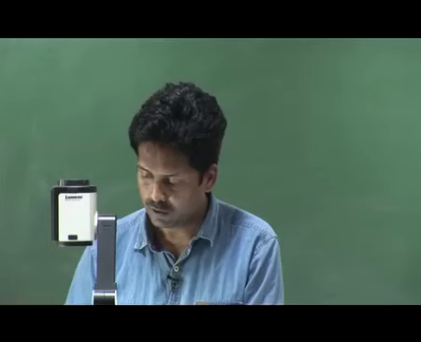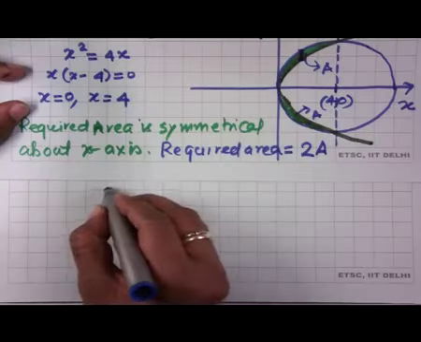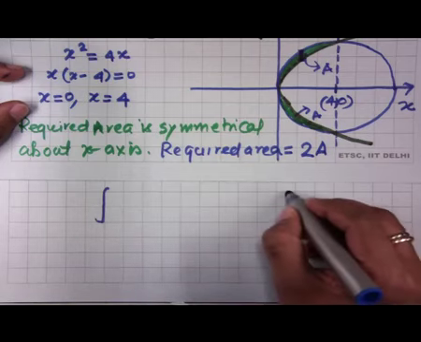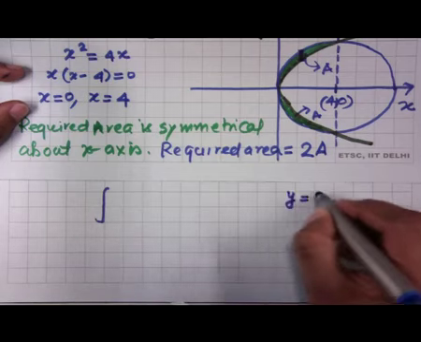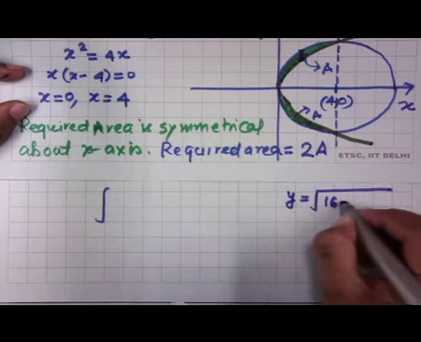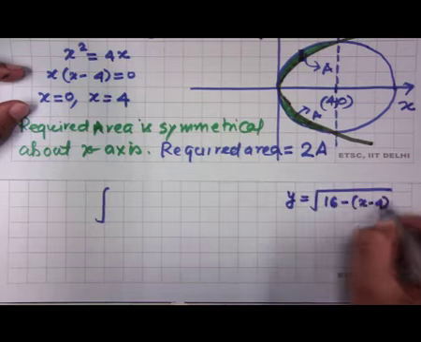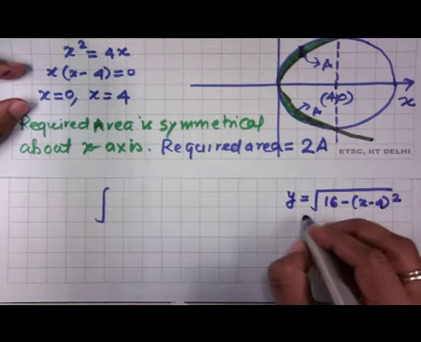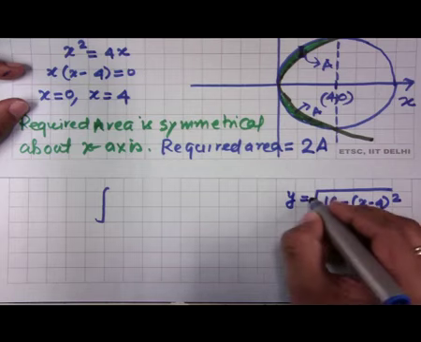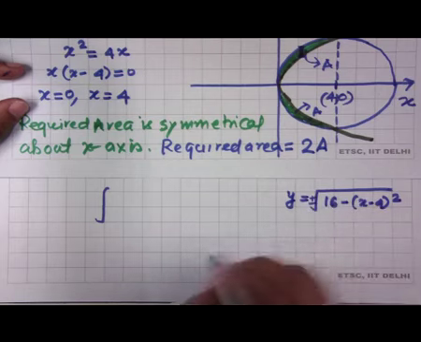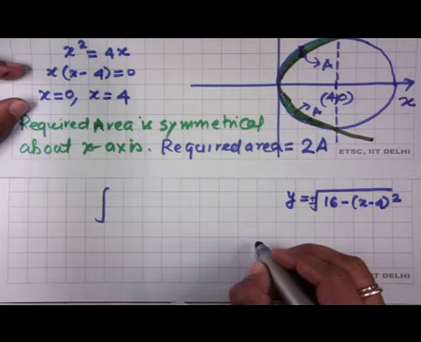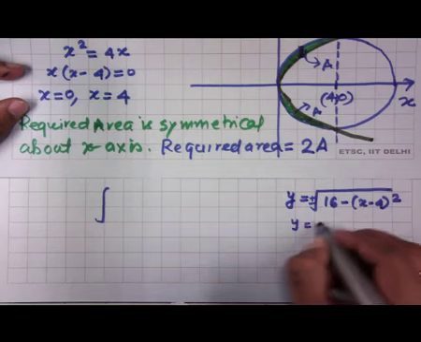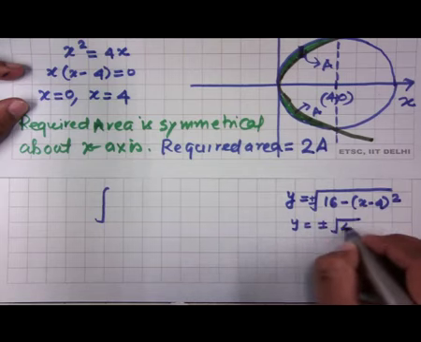So, your elementary area will be y from the circle. So, you need to solve it for y. So, you get root of 16 minus (x minus 4) square, with plus minus, and y equals plus minus root 4x.